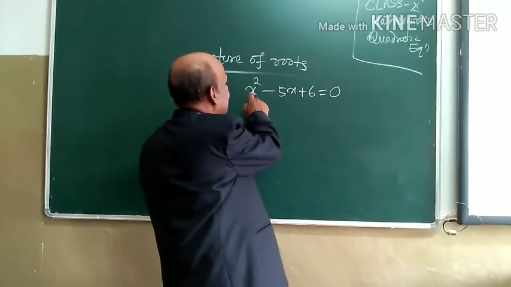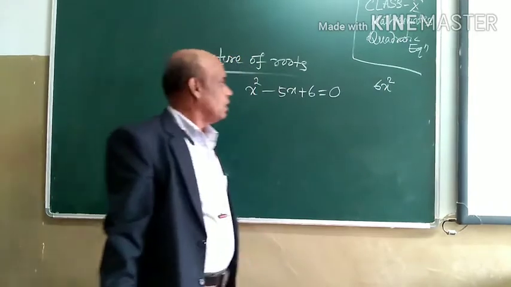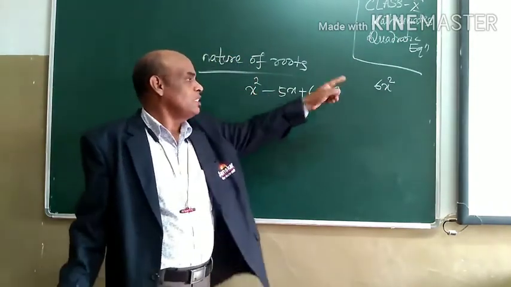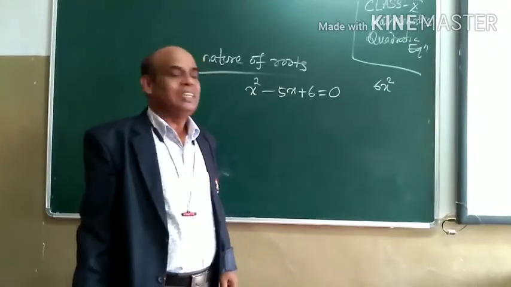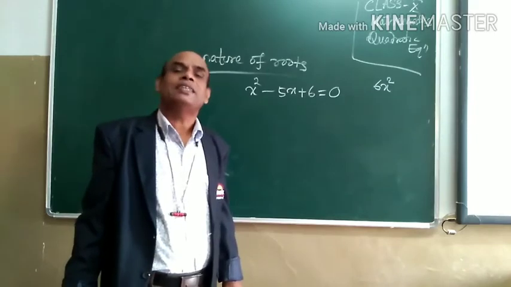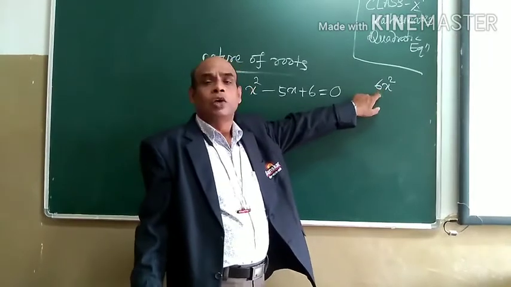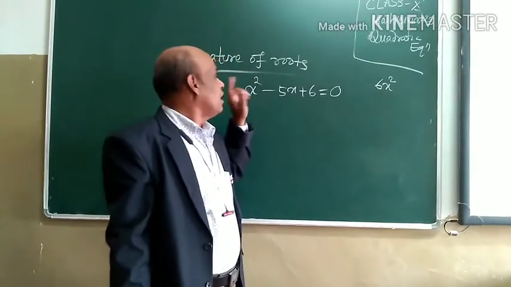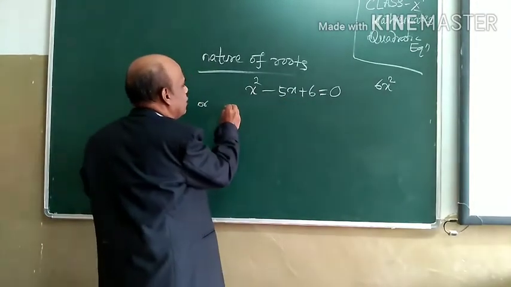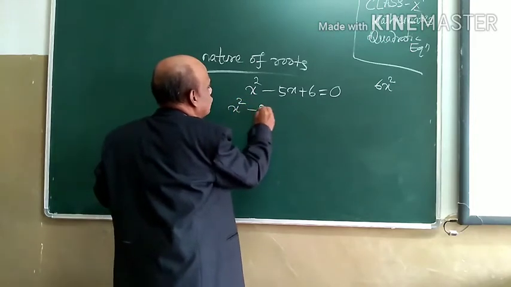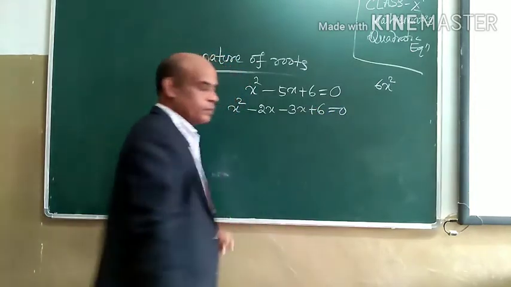So you see here, x square into 6, that is coming 6x square. Then we have to find two numbers whose product will be this, and addition will be the middle one. So ultimately, we will write here x square minus 2x minus 3x plus 6 is equal to 0.